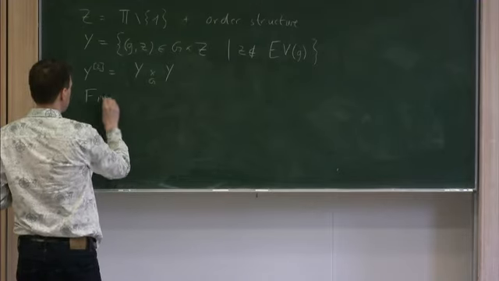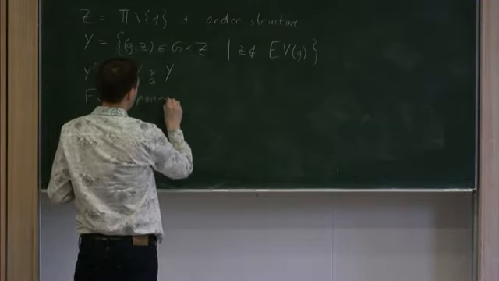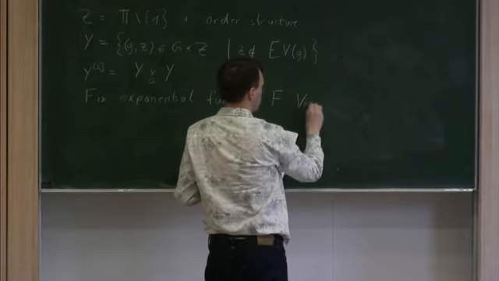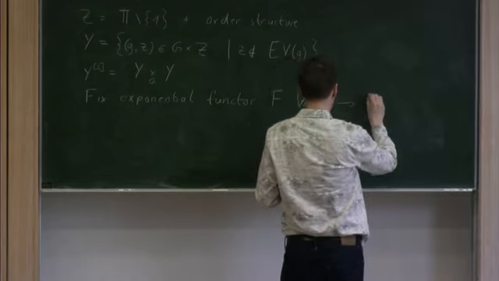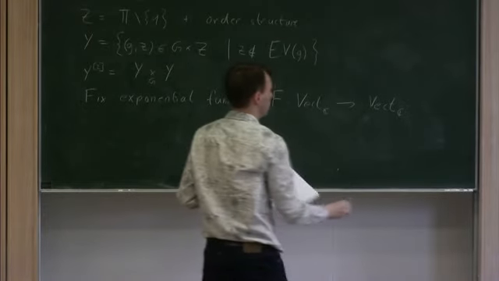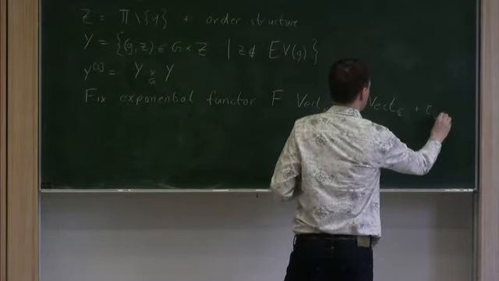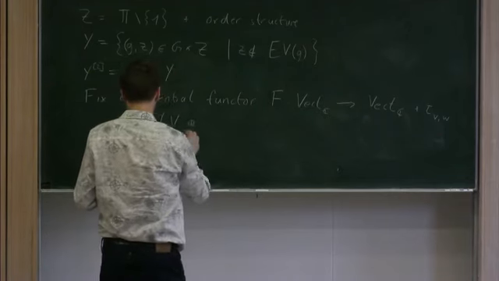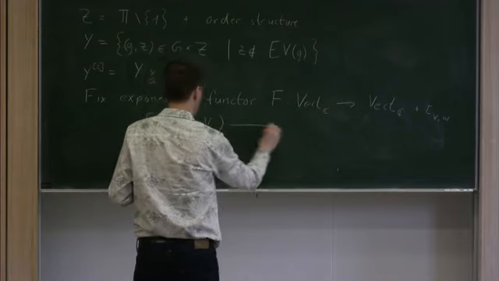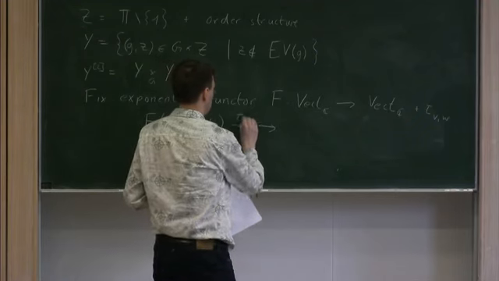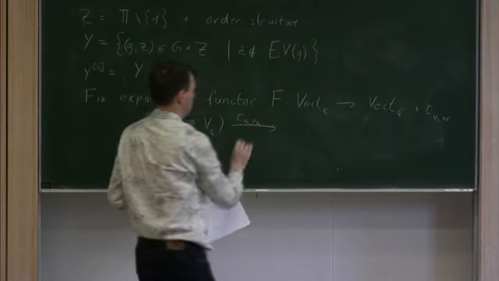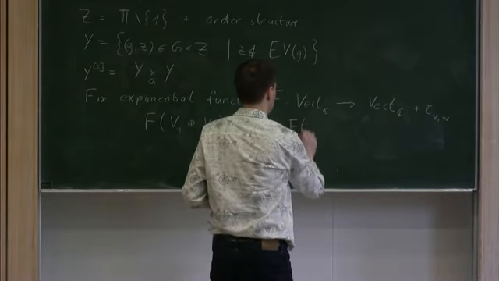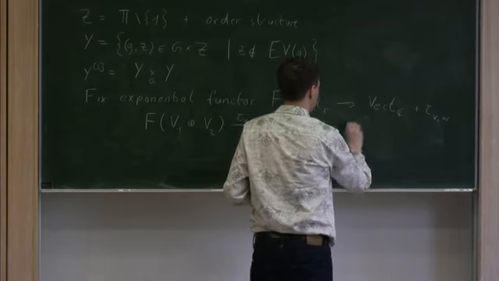And the other data that we need is we fix an exponential functor F from the category of finite dimensional complex vector spaces to itself. So what this should be is a functor which has the property that this natural transformation tau that I wrote down there provides an isomorphism between applying the functor to the direct sum and the tensor product of the results.